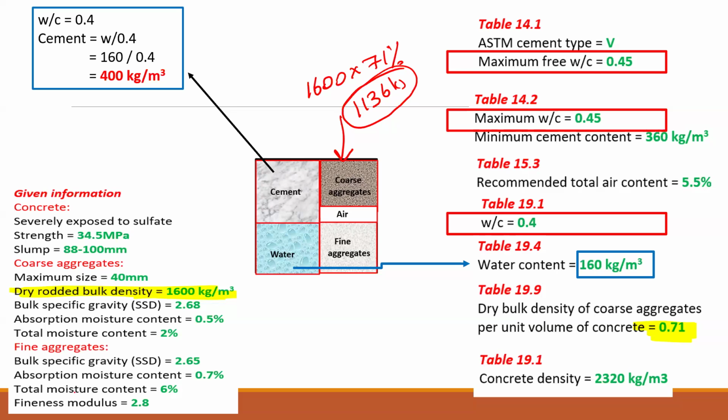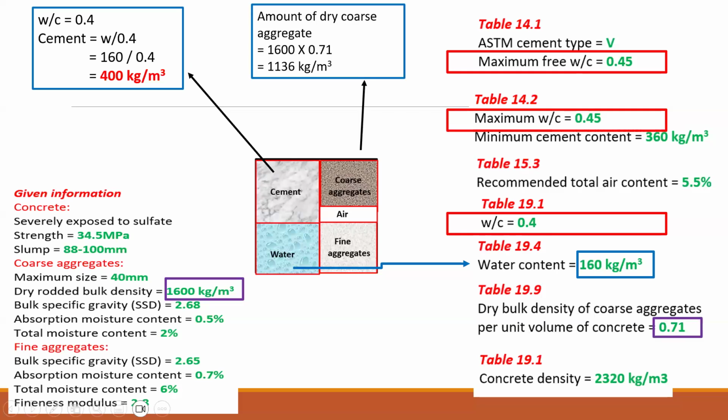Okay, so let's first find the total. This is the amount of dry coarse aggregates that we have in the concrete mix. If you add the absorbed water, what is the weight of the coarse aggregate with absorbed water? How can you find it?